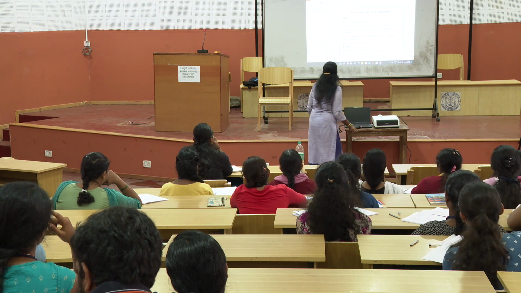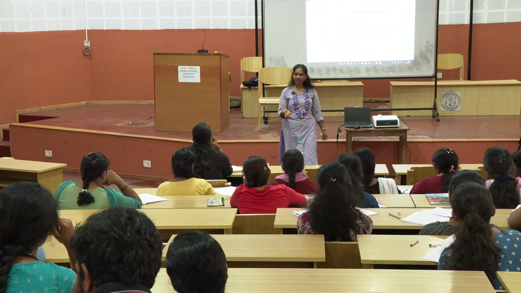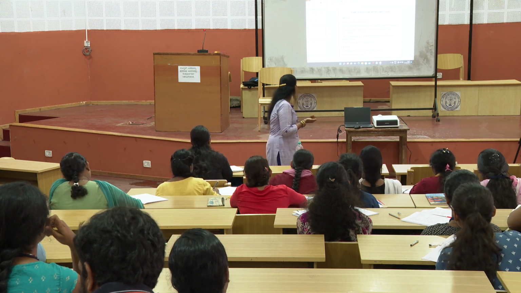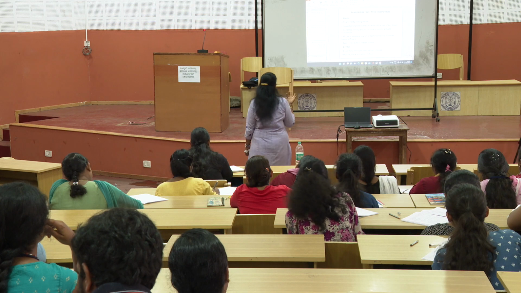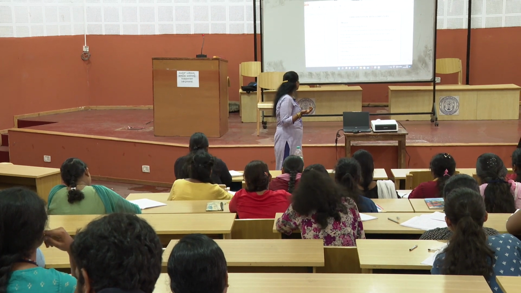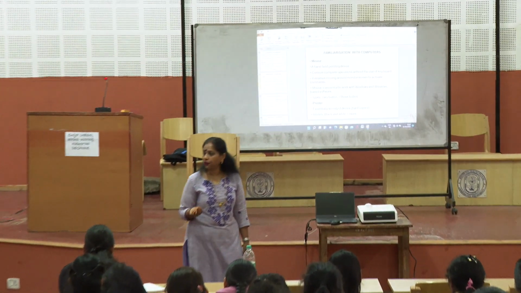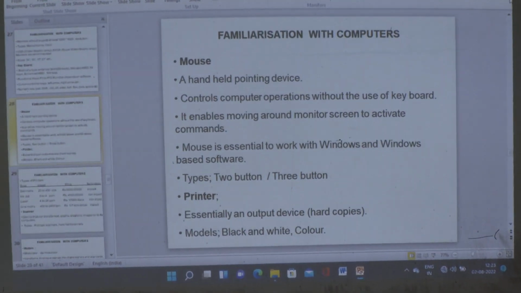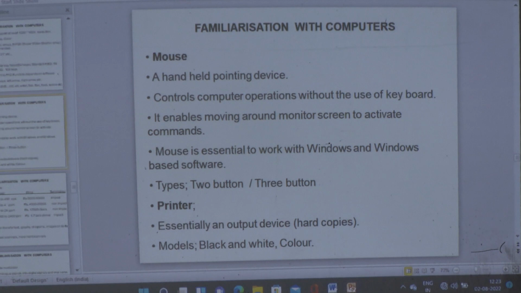So, mouse, it is an input device, it is used to point the cursor. You have different types, that also I have told you, 2-button, 3-button. And printers also, it is an output device. I have explained the classification of printers, all that we will skip.